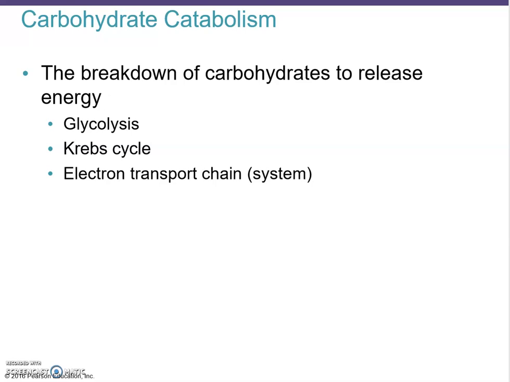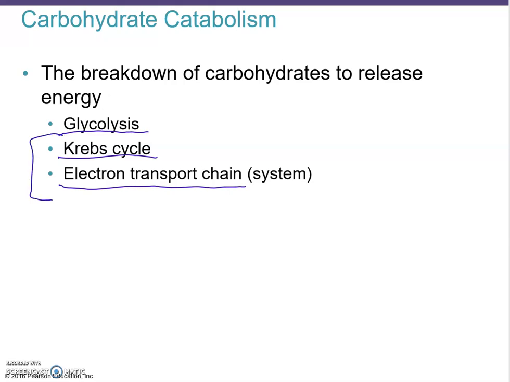Now, if we do have oxygen available and we can go all the way, then we can use a three-part process that's known as oxidative metabolism. And it starts with glycolysis as our part one, moves on to the Krebs cycle as number two, and then finally the electron transport chain that then churns out lots and lots of ATP. Now, again, this will require the presence of oxygen.